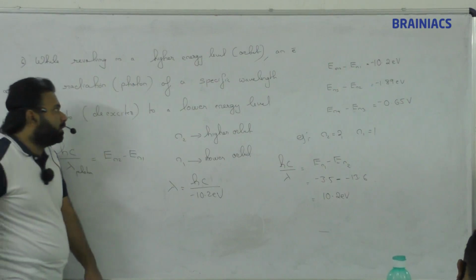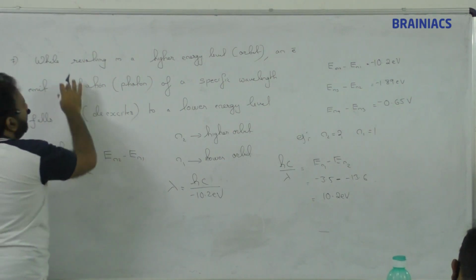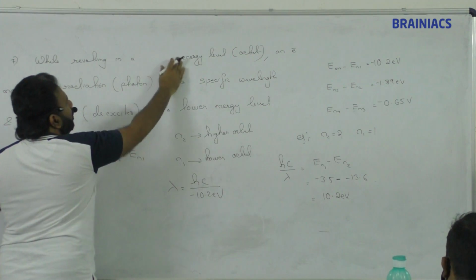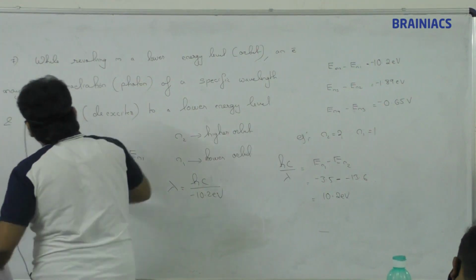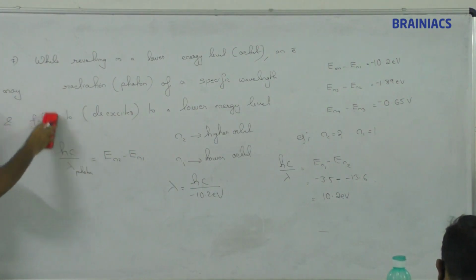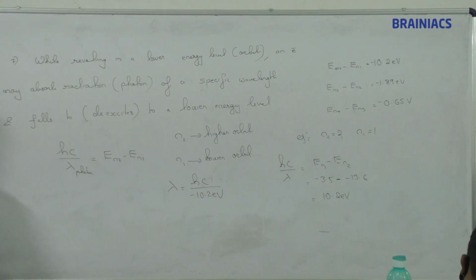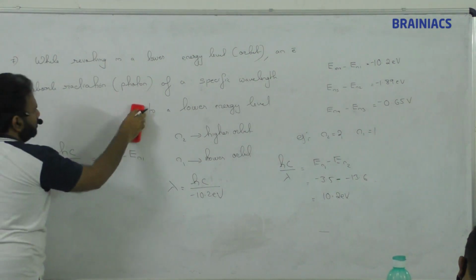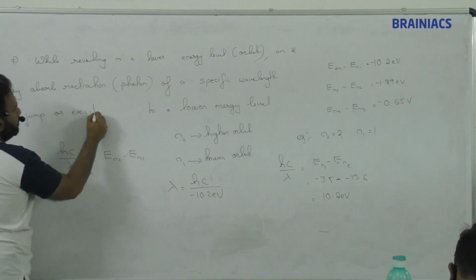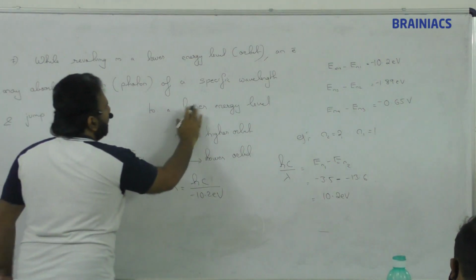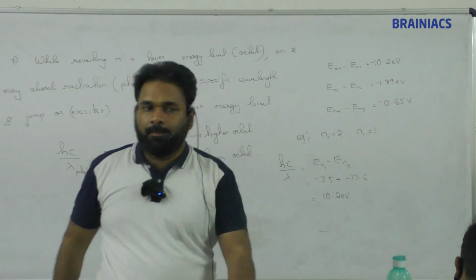Okay, the next statement by the Bohr model is: while revolving in a lower energy level, an electron may absorb radiation of a specific wavelength, jump or excite to a higher energy level.